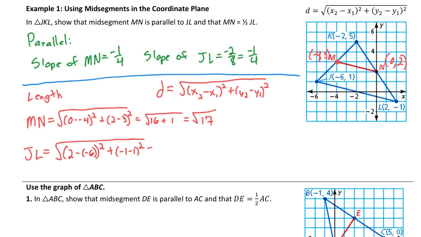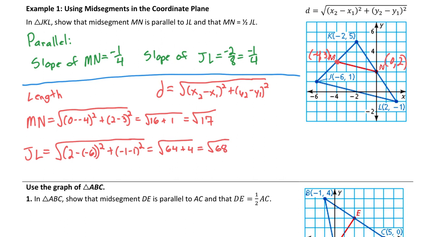So what this would be is the square root of 2 minus -6, which is 8. 8 squared is 64. 64 plus -1 minus 1 is negative 2. Negative 2 squared is 4. So this is the square root of 68.